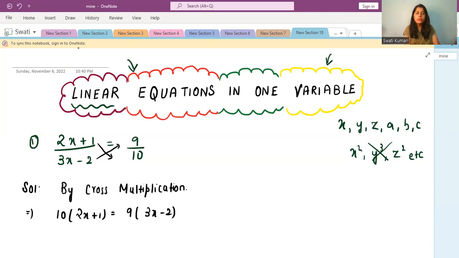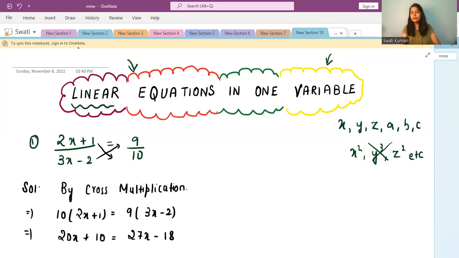Now here we can use the distributive property. We multiply this 10 with everything inside the bracket. So 10 times 2x is 20x, plus 10 into 1 is 10, equals 9 into 3x is 27x, minus 9 times 2 is 18.